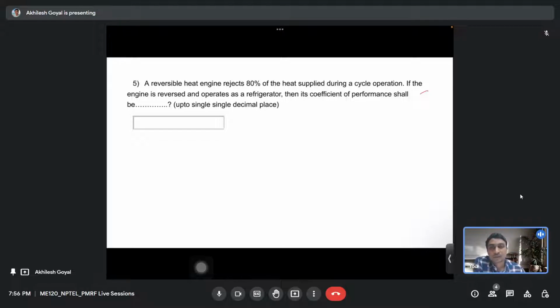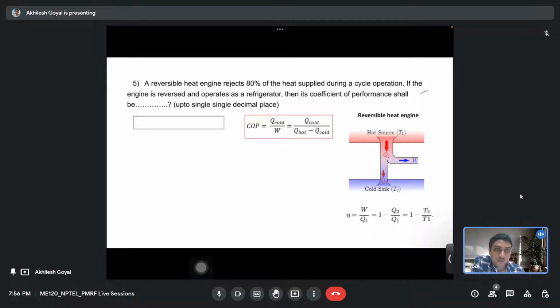So this question is for a reversible heat engine. Again, let's see the schematic diagram. Here it says the engine rejects 80% of the heat. So the heat rejected is Q2, that is 0.8 of Q1, the 80% of Q1.